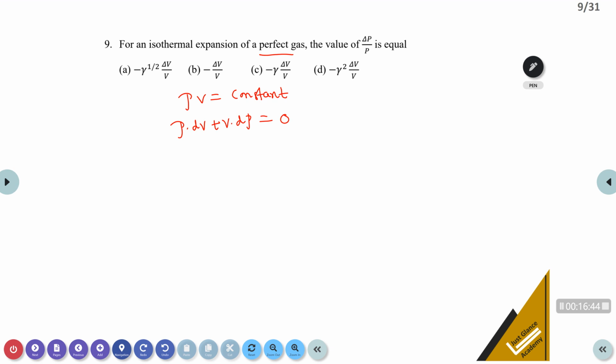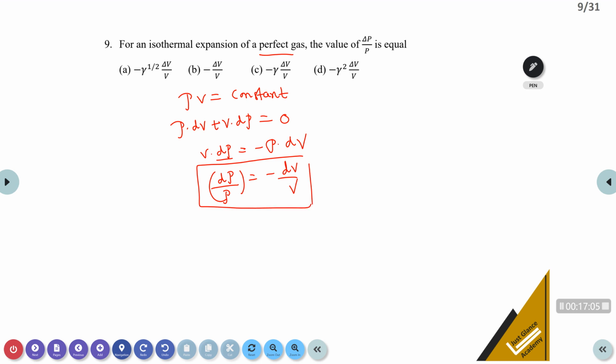He is asking delta P by P. Okay, no problem. V dP equals minus P dV. Rearrange the terms: dP divided by P equals minus dV divided by V. So this is the right choice.